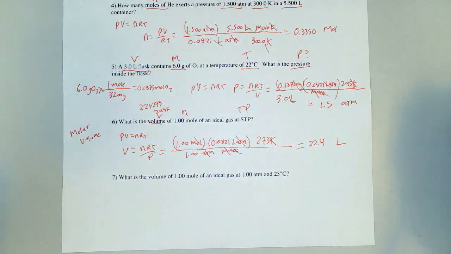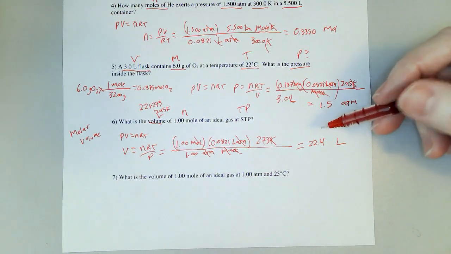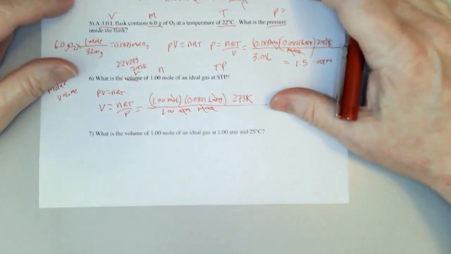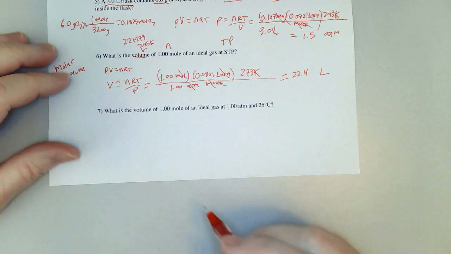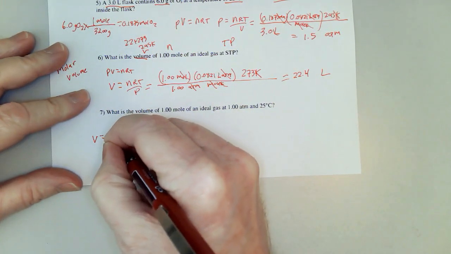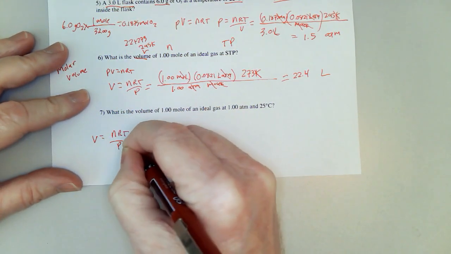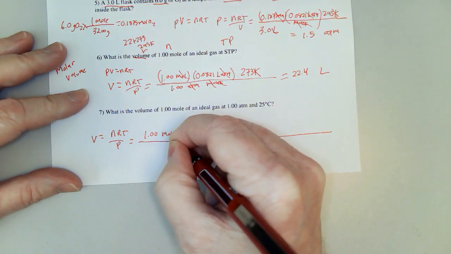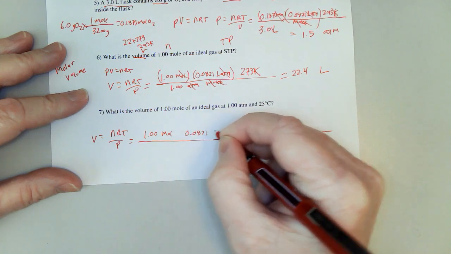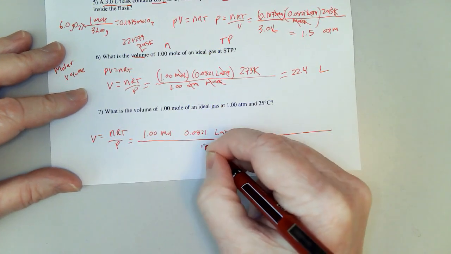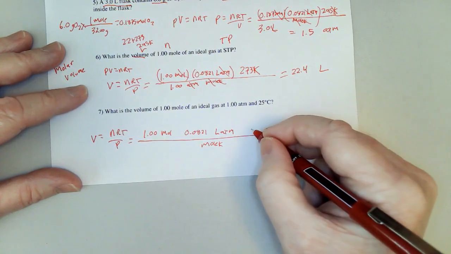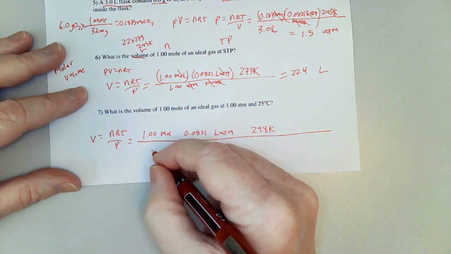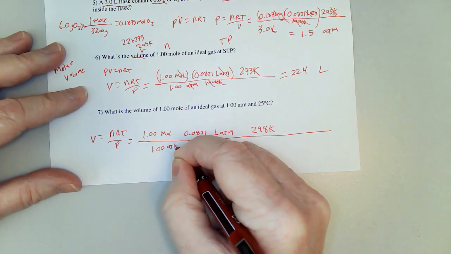Okay? Now, standard temperature isn't normally 273, but it is for this definition. Normally we work more about 25 degrees. So let's do the same problem now at 25 degrees and see how the volume will be a little bit bigger. So it's still 1.00 moles. It's still 0.0821 liter atmosphere per mole K, but this time it's 298 K, divided by a pressure of 1.00 ATM.